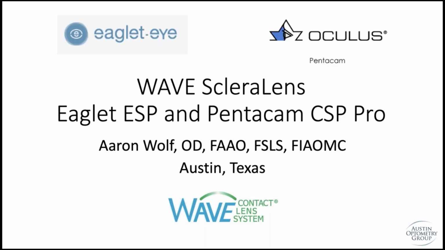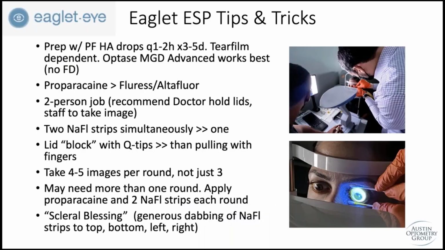So for the Eaglet, a couple quick tips and tricks. I've been using the Eaglet now for about 3.5 years, and we do all of our lenses through mapping or impressions. I think only a small handful of times in the last 3.5 years since COVID have we done a fitting through a fit set.